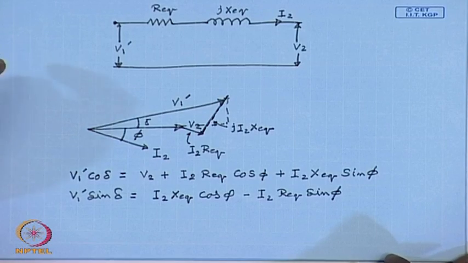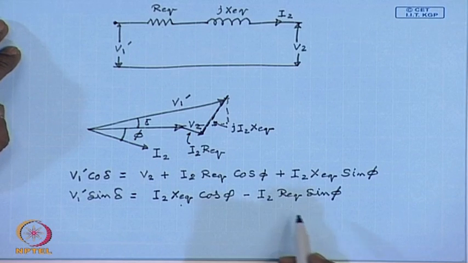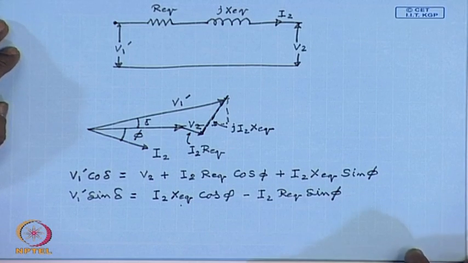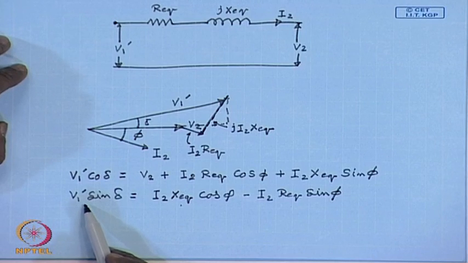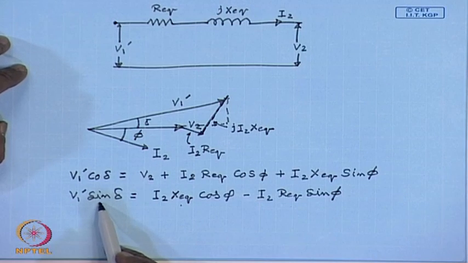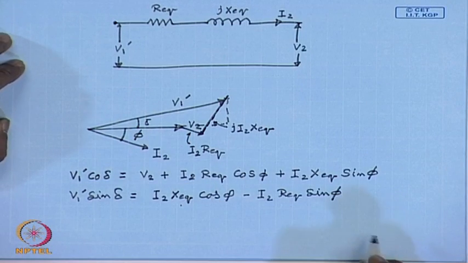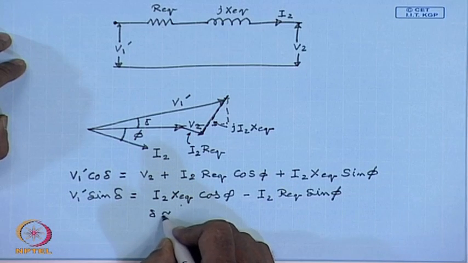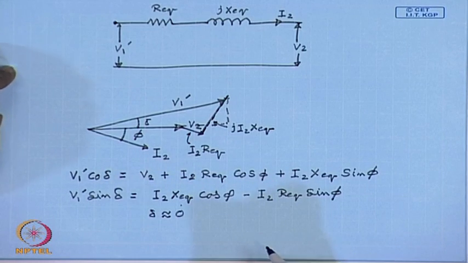From the previous examples, we have seen that the values of Req and Xeq are very small. In percentage or per unit terms, they are around 7%, 2%. So, the quantity V1 dash sin delta, or the angle delta, is usually very close to 0 for a normal transformer, even at full load.